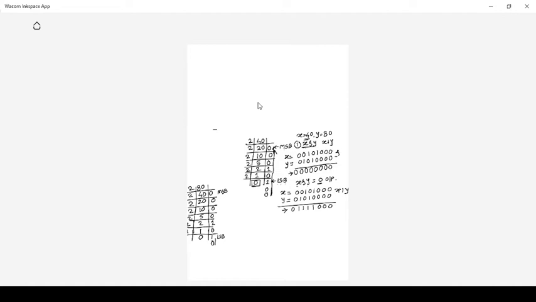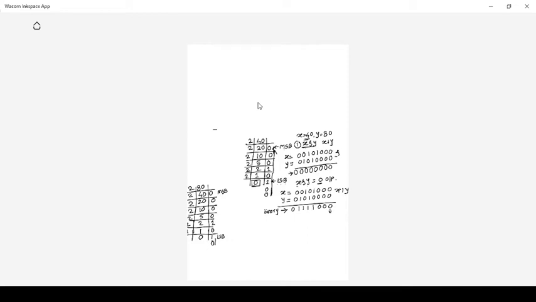Now this number is in binary form, and I want to convert it into decimal form. So how to do that? We want to do the reverse, from binary to decimal.